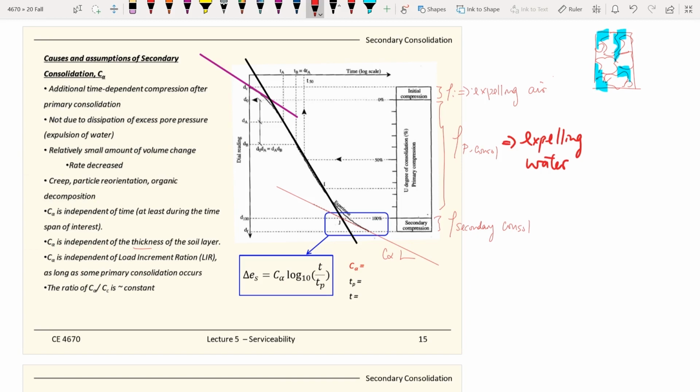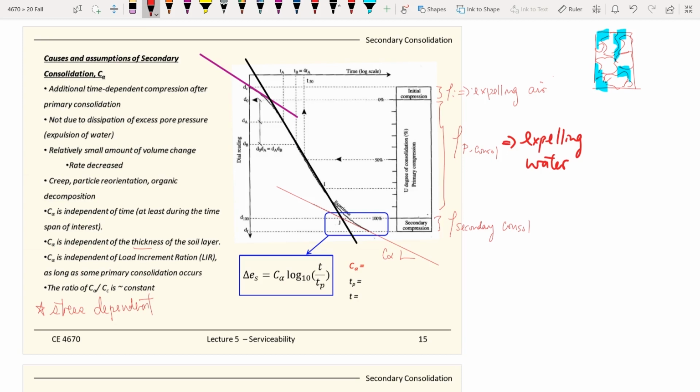So the reduction of volume because of the reduction of the water, or the volume of void, becomes your primary consolidations. And you need to be very careful. This whole thing is stress dependent.